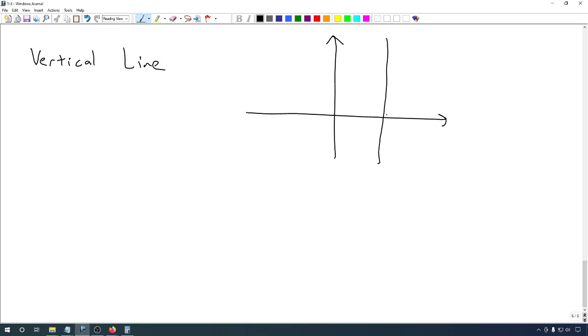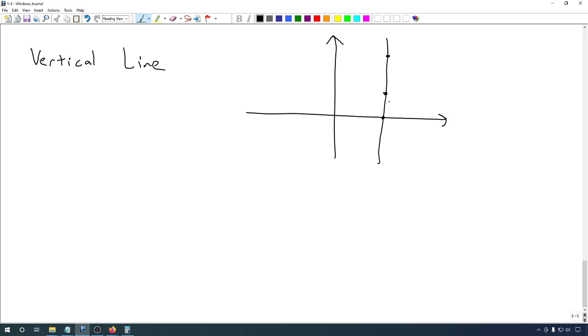Now, I already mentioned that vertical lines do not have a slope, but that does not mean that there are no equations for vertical lines. The main important thing for a vertical line, if we go ahead and draw one of those out, so we have a vertical line here, is that every point on that vertical line has the same x value.